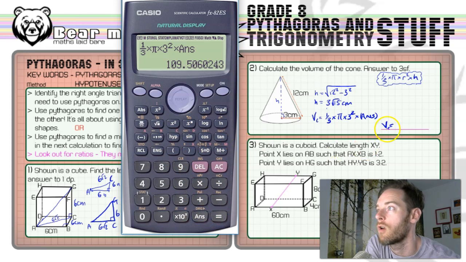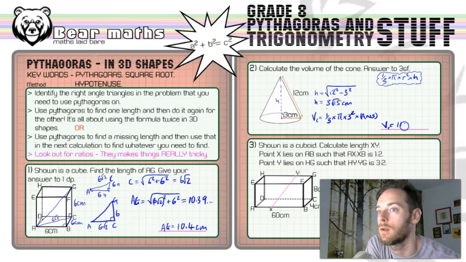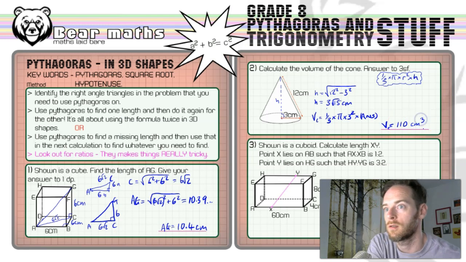There you go, 109.5. We round it to 3 significant figures, so 110 centimeters cubed, because it's a volume.